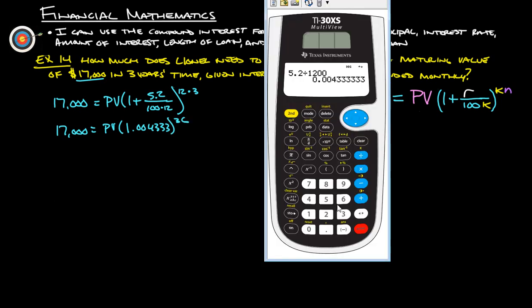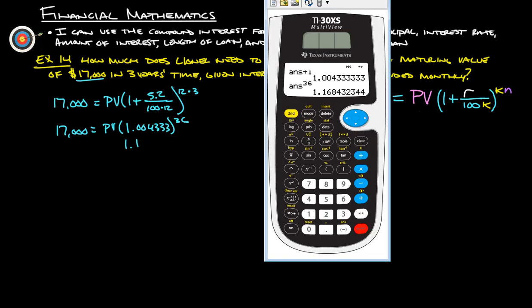Let's figure out what this to the 36th power is. That's going to give us some value. We take 1.004333, and then take that to the 36th power. Oops, not the 6th, but the 36th. There we go. And we get 1.1684.